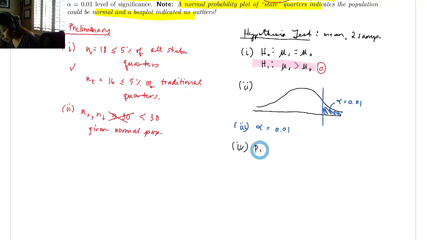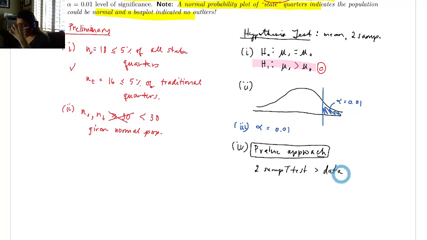We're going to go ahead and use the p-value approach. And you're going to have to do a 2-samp t-test. But then you're going to select data.